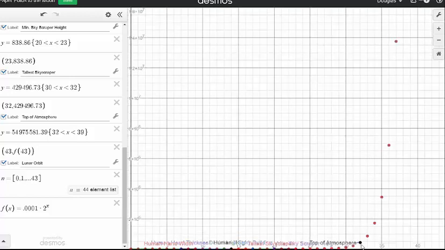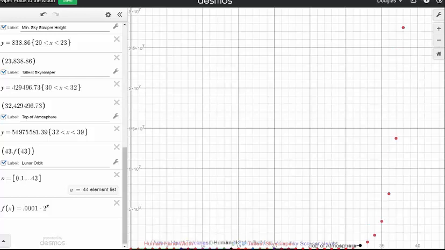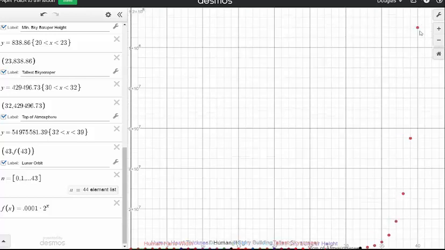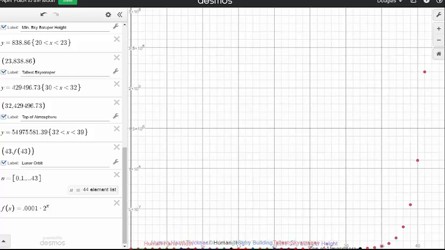Lower still. Look how close that is to the bottom with everything else. This is how quickly exponential growth goes. Right there. Now look at this at the 40th fold, top of the atmosphere. It just barely even registers.